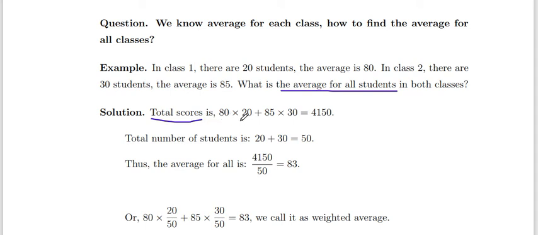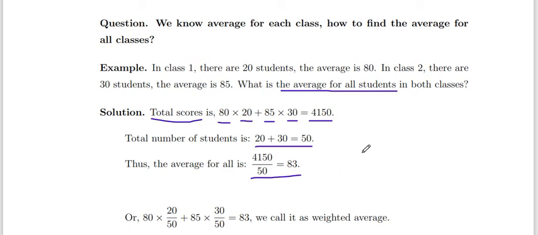From class 1 we have 20 students and the average is 80, so 80 multiplied by 20 is the total score from class 1. For class 2, the average is 85, but we have 30 students, so this is the total score from class 2. Then add them up, and the total number of students is 50, so we divide by 50, right?